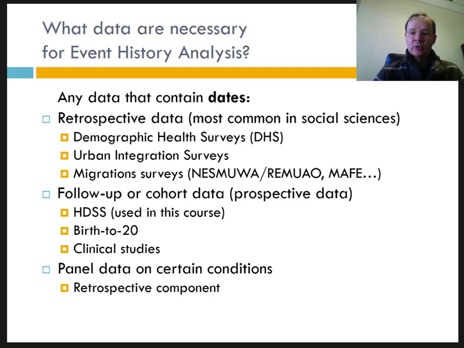You could argue that once dates are recorded in panels, then they become follow-up or cohort data. The difference would be in the number of rounds. In so-called panels, the number of rounds is limited and usually several years apart. In a follow-up, such as in HDSS, the rounds are frequent and not more than one year apart.